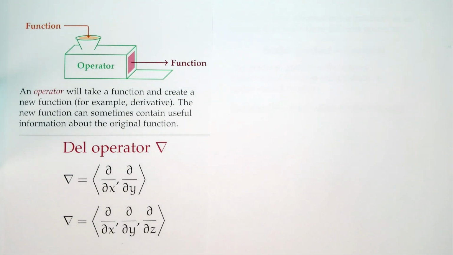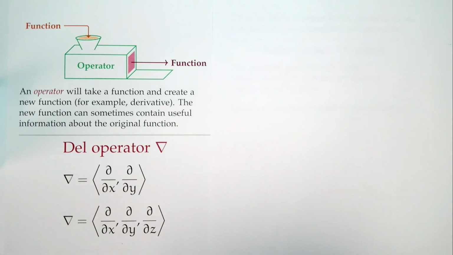Now, we've seen operators all the time, because taking derivatives is an operator. I start with a function, I take a derivative, I get a new function out. And the question, of course, is what do we learn from that new function? For now, let's just figure out what that new function should be. In our case, we're working with vector-valued functions, so what operator do we use?